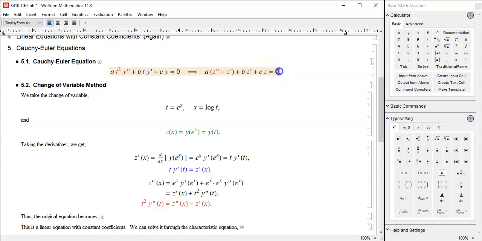Now, if you look at the second equation here, no more variable. We ended up with a linear equation with constant coefficient.